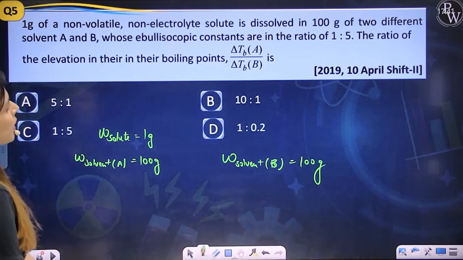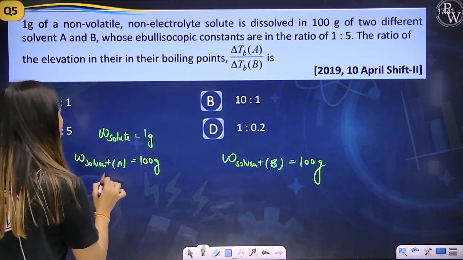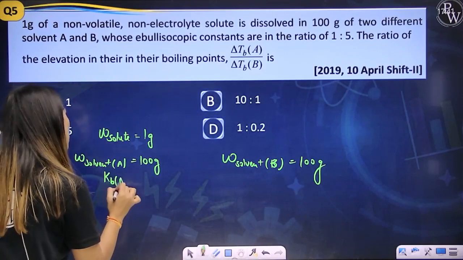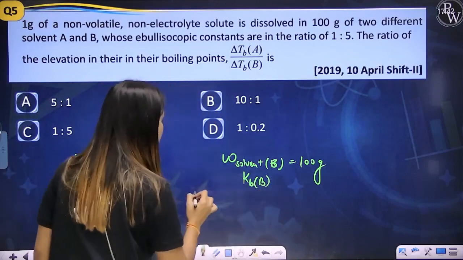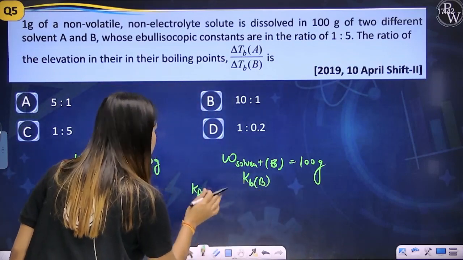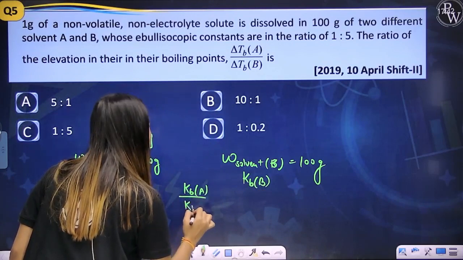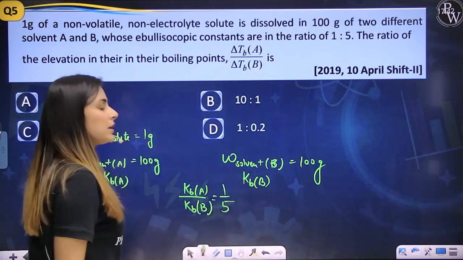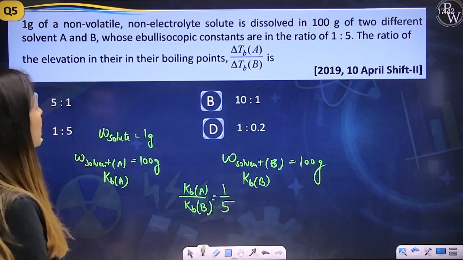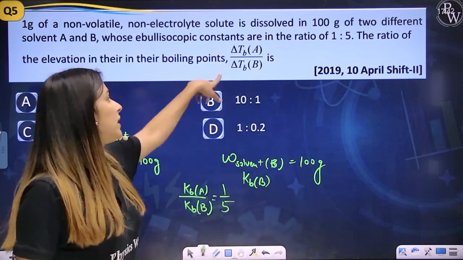Whose ebullioscopic constants are in the ratio 1:5. Let us say the ebullioscopic constant is Kb of A, and Kb of B. It is given that Kb of A by Kb of B is equal to 1/5. This is the information you are given. The ratio of the elevation in their boiling points is what you have to calculate.